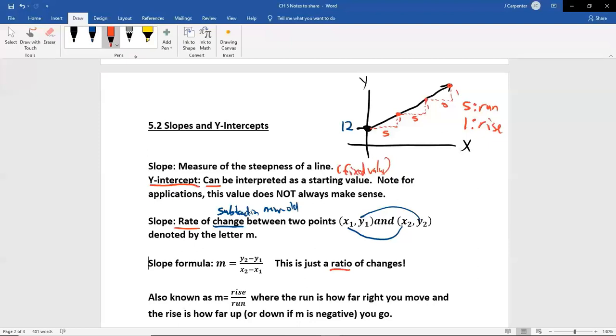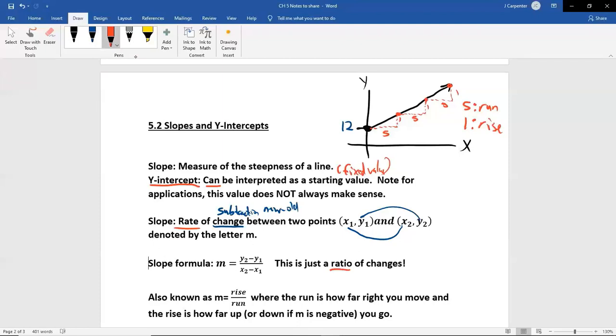Now, please note that I said, and this is going to come up, we will discuss when it makes sense and when it doesn't make sense. But in applications, the starting value does not always make sense. I was just talking about earlier how some mathematical models only work for a while. Eventually, they fall apart.